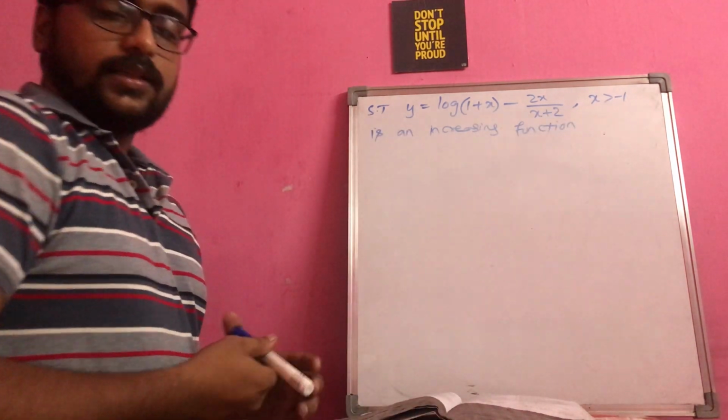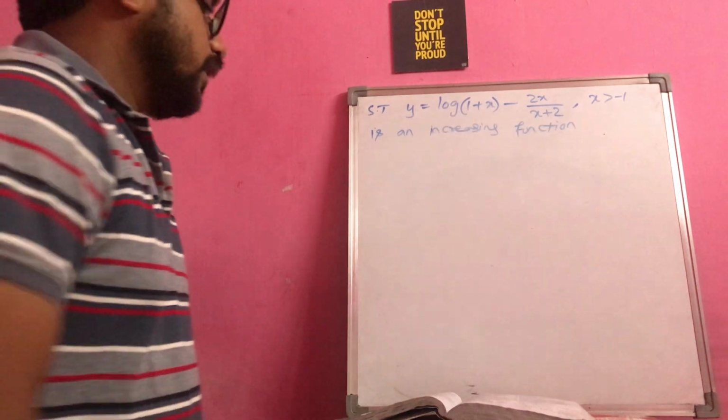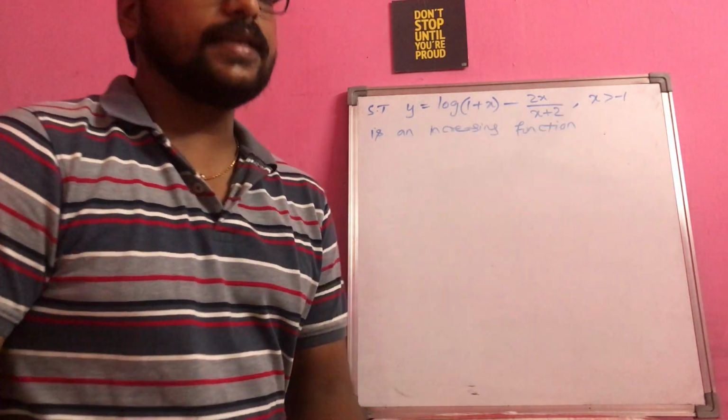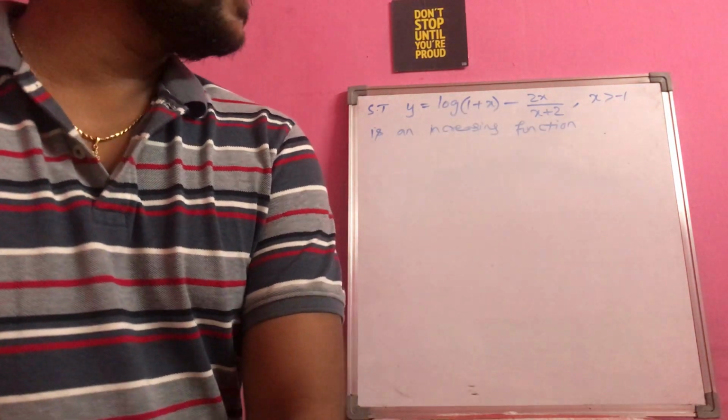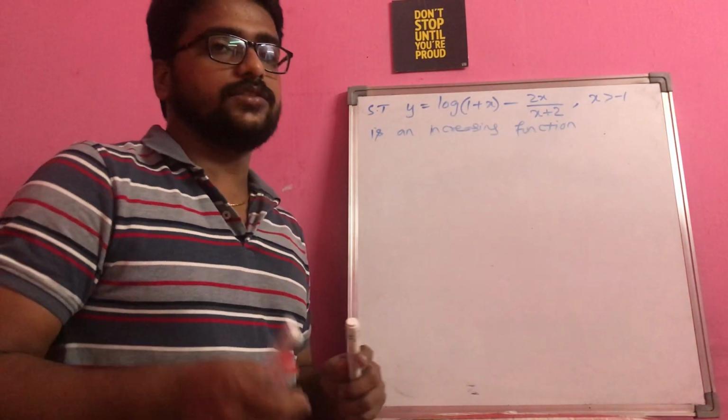See, again this is another important question. They are asking us to prove that it is an increasing function. So it will come under category 1, that we have to prove it is an increasing function.